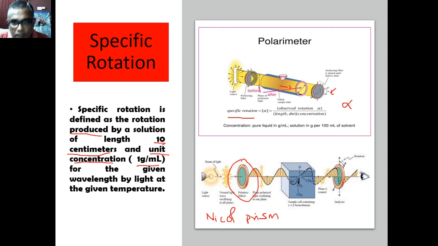This changes the velocity of the light, and as a result the direction of the outcoming light changes by a specific value called alpha. If everything is measured using specific values, then you call this alpha the specific rotation. This change in rotation is analyzed by an analyzer, which will give you the specific rotation of the molecule.